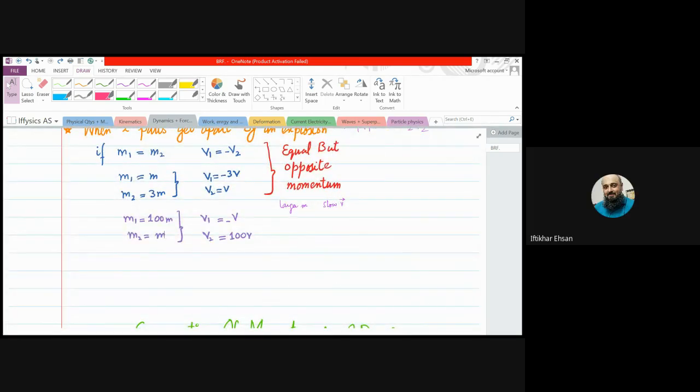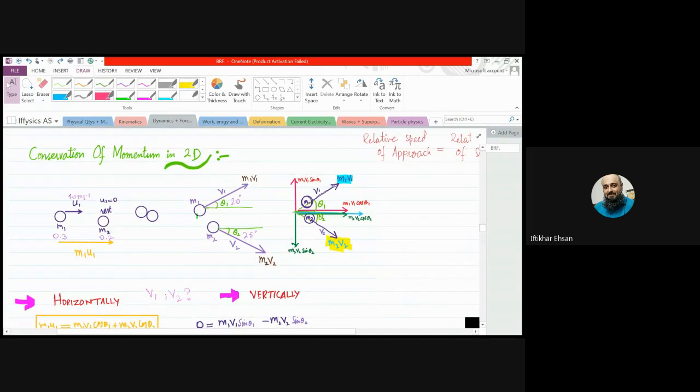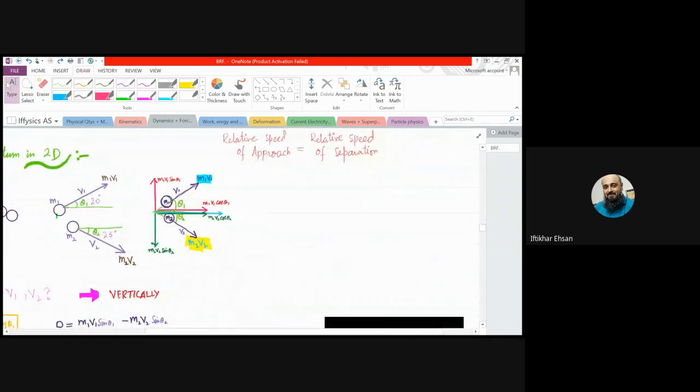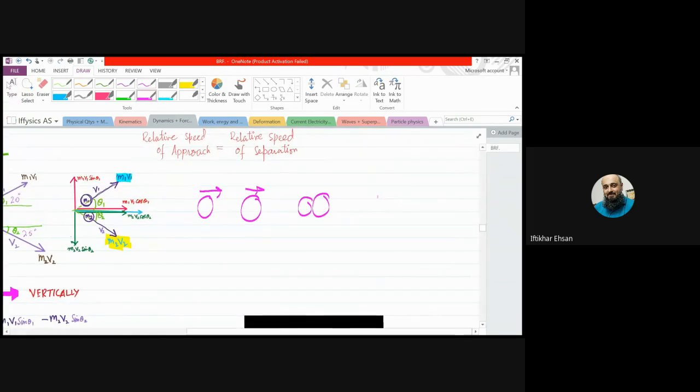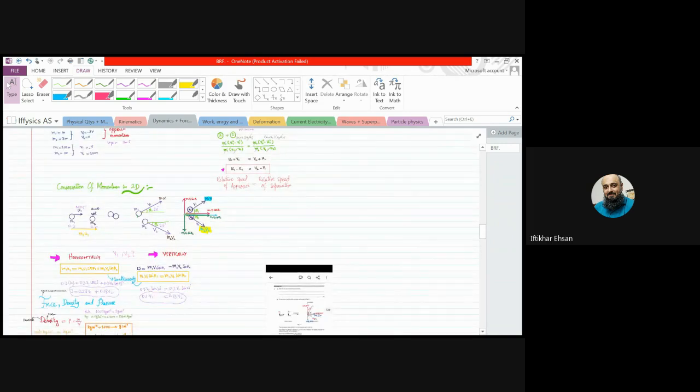Now, the last point of this. Previously we were just considering that two objects collide with each other, they were going in some direction, and after collision they keep moving in the same direction. But does it really happen in daily life? Usually moving in exactly the same direction is very rare. Yes, it is possible, it's not that it's not possible, but it's very rare.